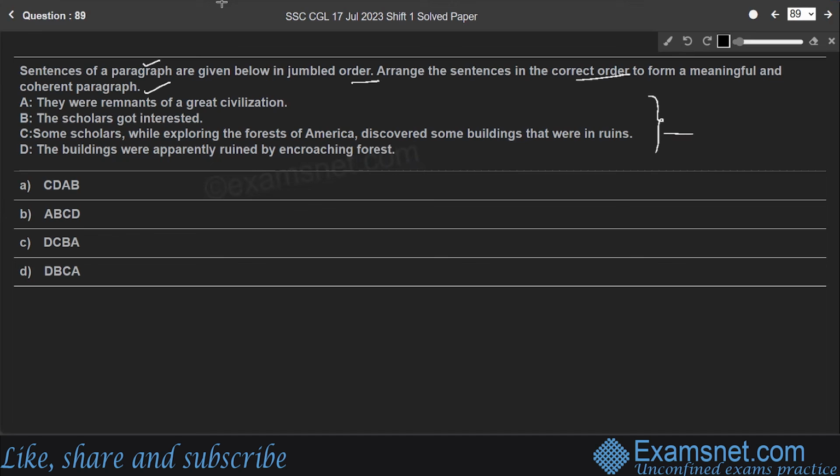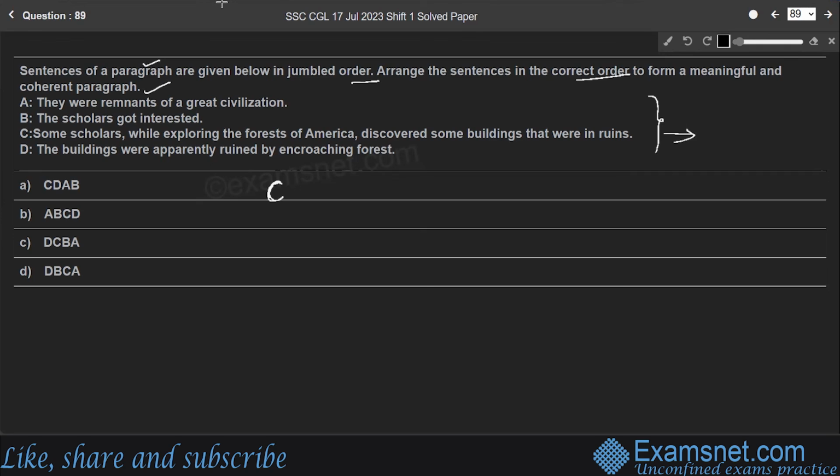Here look at sentence C. Some scholars, while exploring the forests of America, discovered some buildings that were in ruins. Therefore, sentence C explains about the subject, so sentence C comes first.